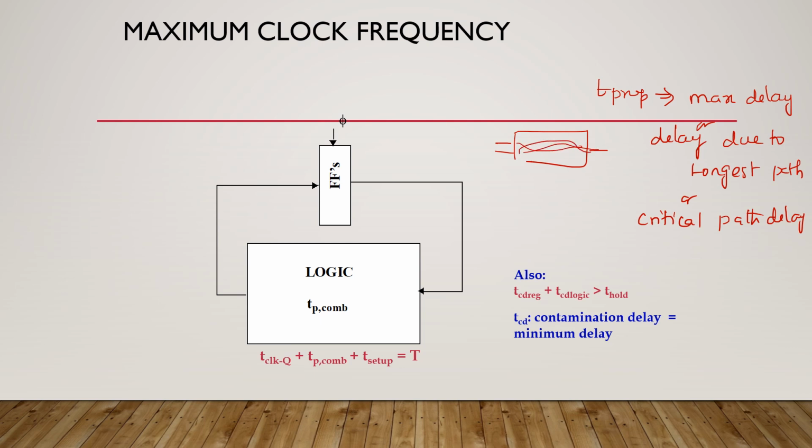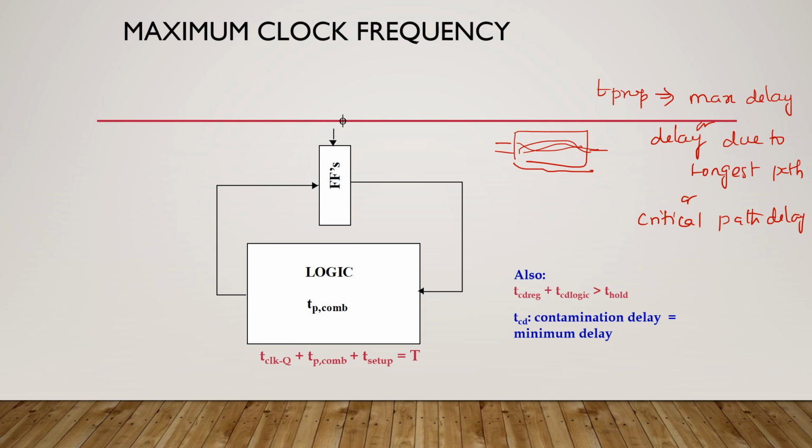Out of all these paths, the path having the longest delay decides the maximum delay, and that decides your maximum speed, right? So the path which is longest from input to output side is called the critical path. That path determines the maximum speed of the circuit.